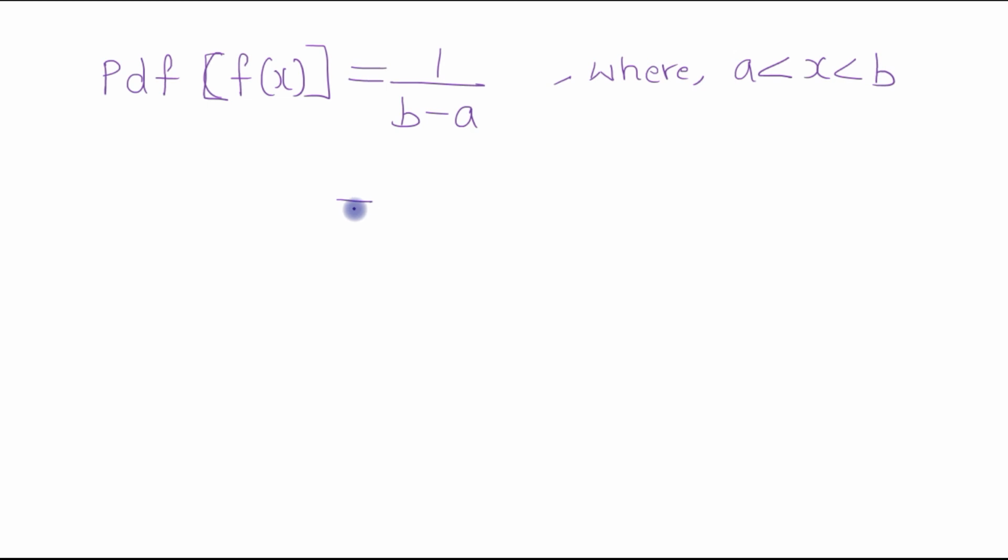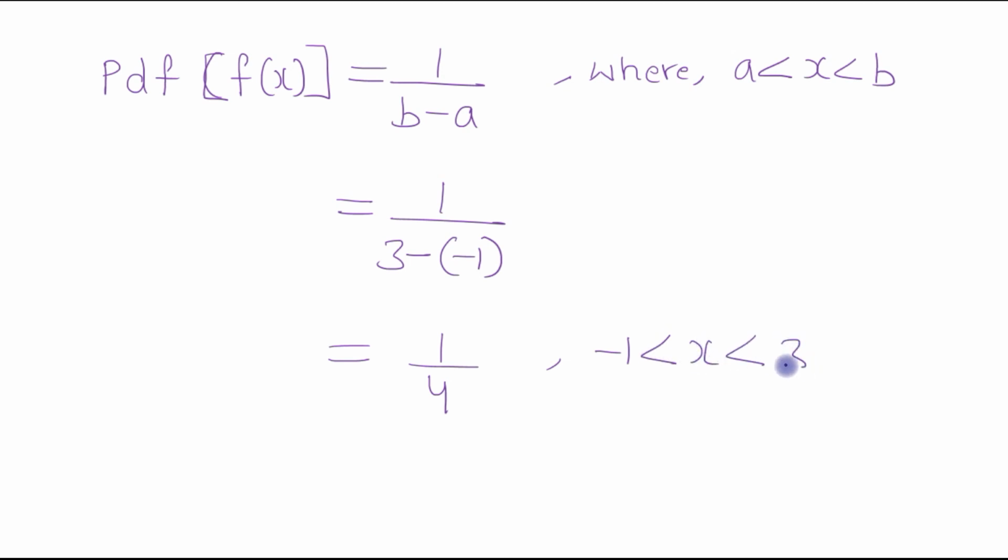In the next step, 1 upon 3 minus of minus 1, and this will be equal to 1 upon 4, where minus 1 is less than x less than 3. So the PDF is 1 upon 4. Fine.